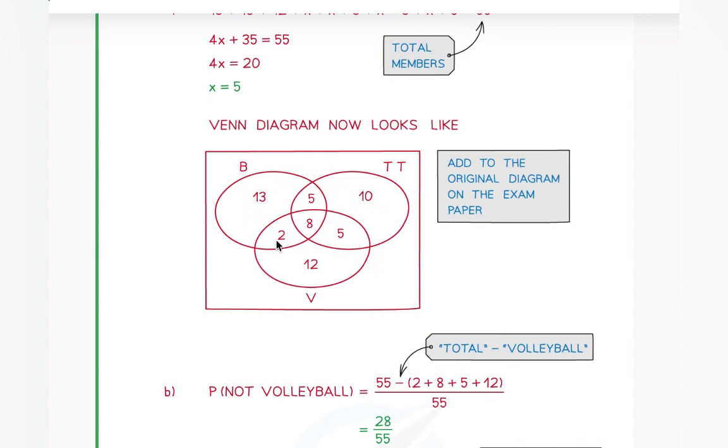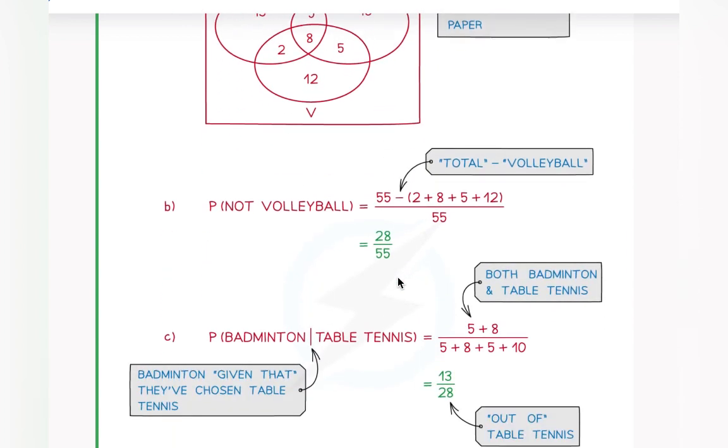This 28 does not include volleyball. Okay, over this 28 that we got earlier on. Is that okay? So once we do that, we get the probability.